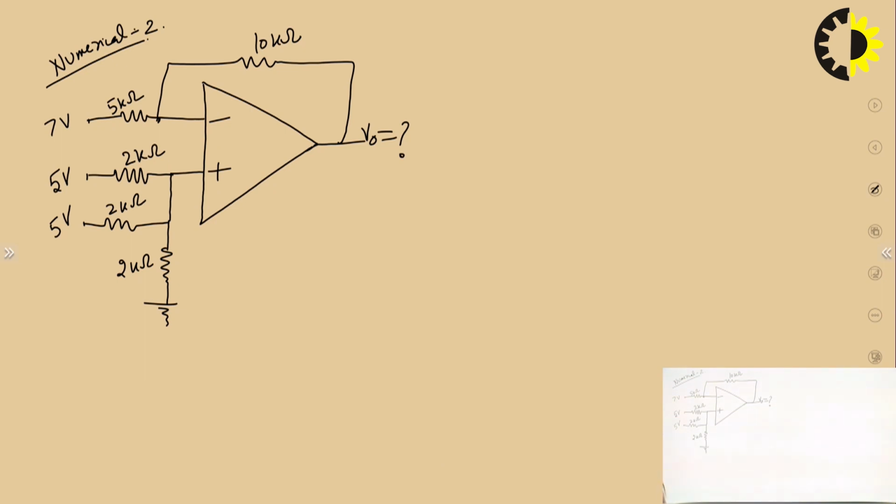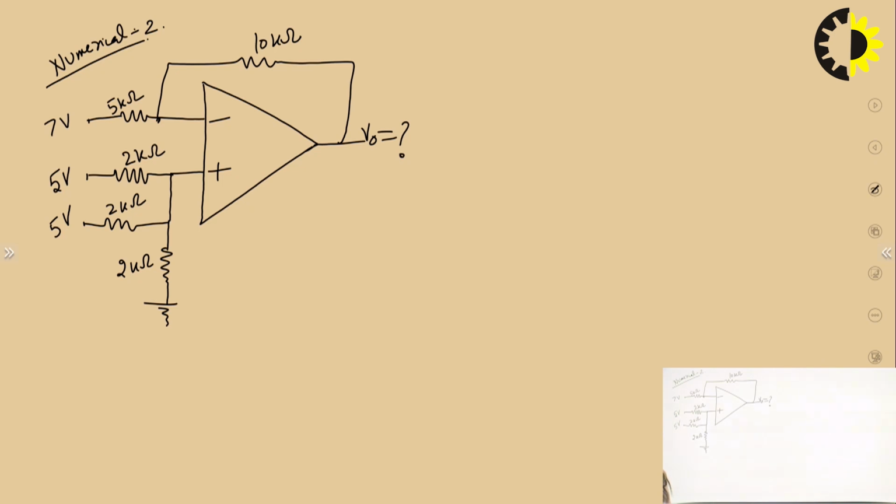Again, we are going to check two major points which are very important. That is, what is the Opamp consideration, whether it is ideal or practical. We will consider Opamp to work in ideal mode.